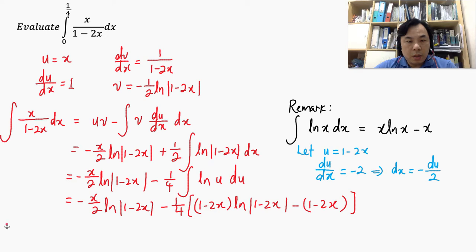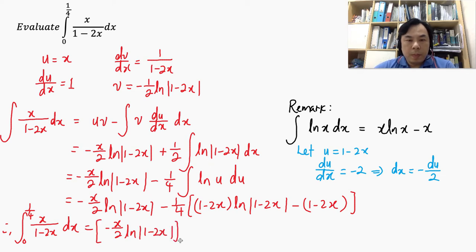Therefore my integration from 0 to a quarter can be given as, so all I need to do is just substitute the lower bound and upper bound into my first expression, and then the same for the second expression also.